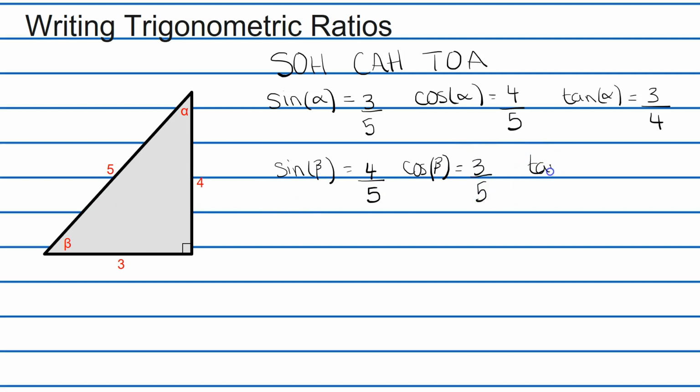Then let's do tangent beta, opposite 4 divided by adjacent, which has to be 3. And once again, as you see, these are all very different from each other for the fractions.